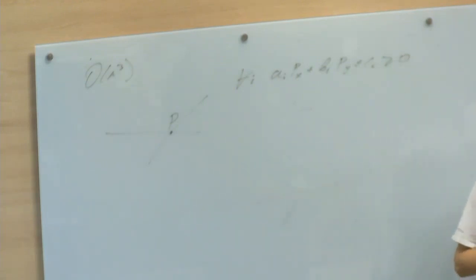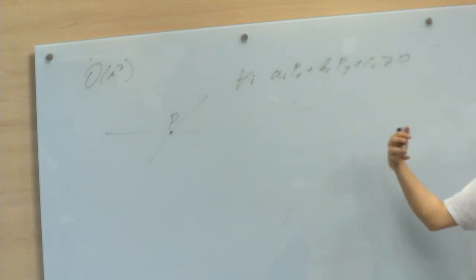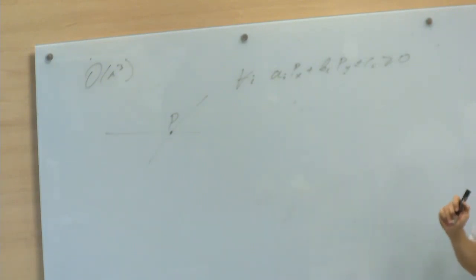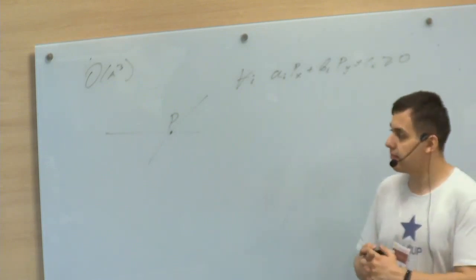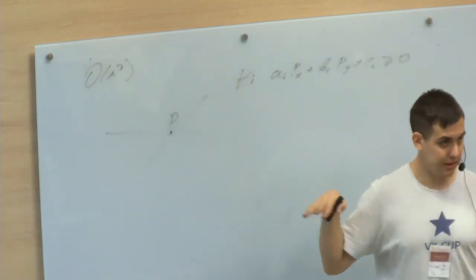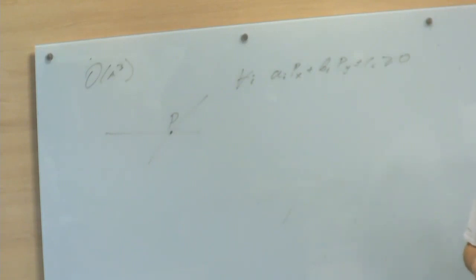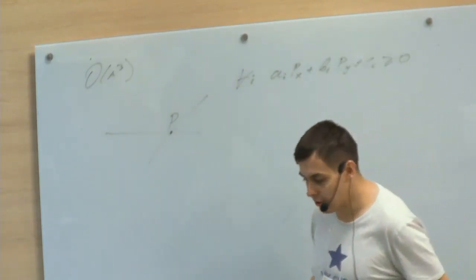So there are n squared intersection points. Then for each intersection point, we can check if this inequality is true or not. And now we have all the points that form the boundary of the half-plane intersection. Then we can just, for example, sort them by angle or run the convex hull algorithm that returns the polygon but in correct order. So this is n cubed.